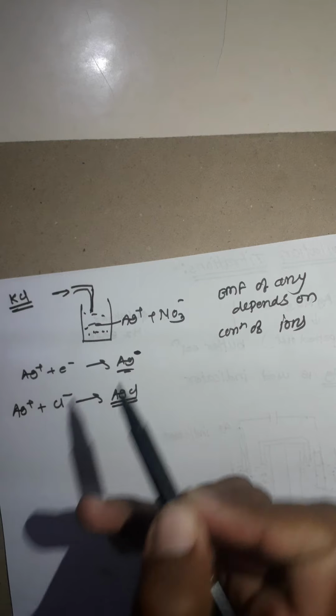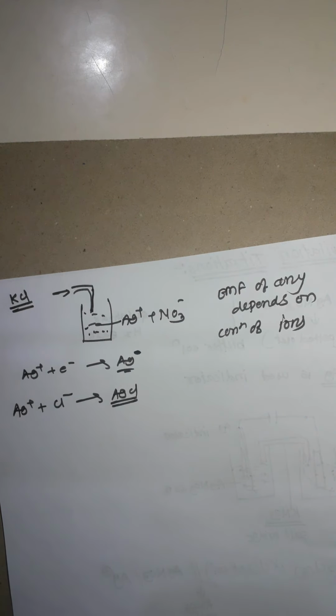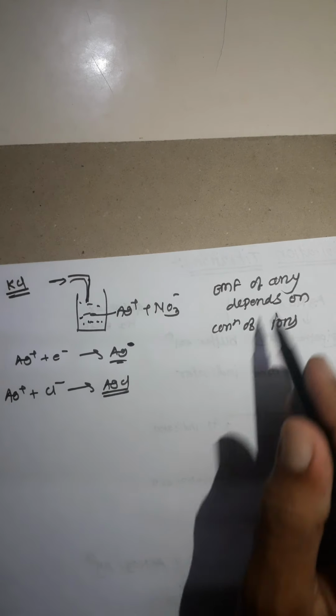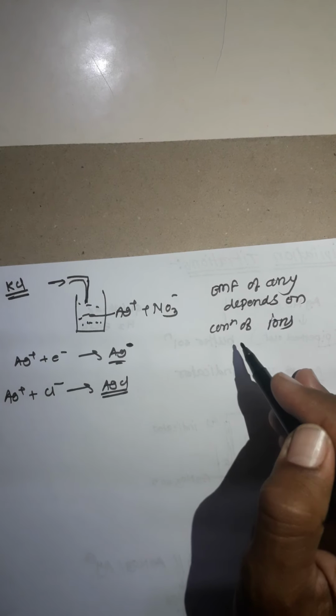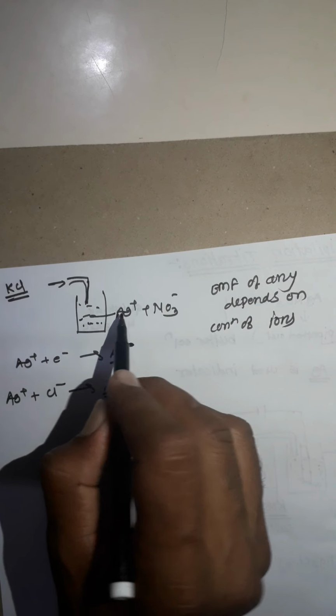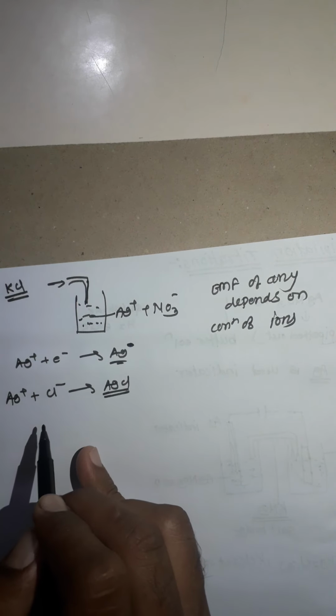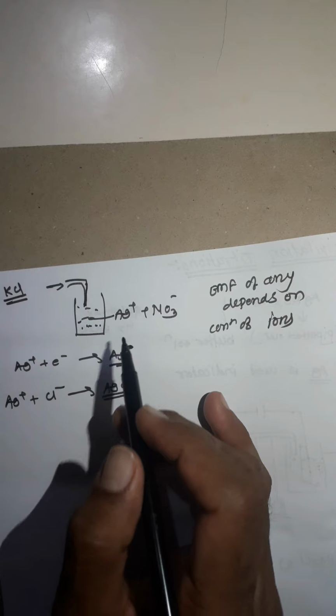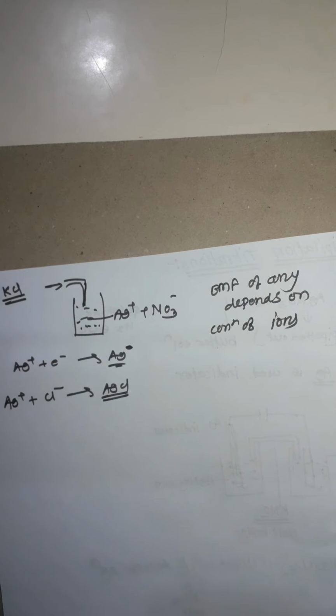That's why the EMF of this titration also decreases, because EMF of any solution depends on the concentration of ions present. As the Ag plus ions decrease, the EMF of the solution decreases.